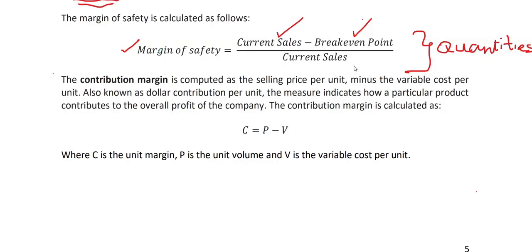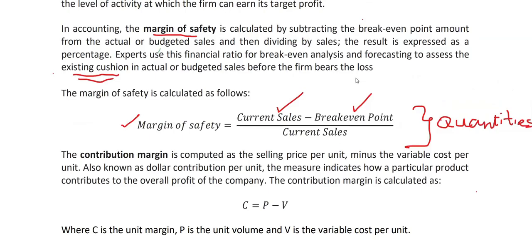Right. So what does the margin of safety tell us now? Let us say we apply this formula, guys. So we apply this formula and we come up with an answer of 20%. Here's how you would interpret this 20%.